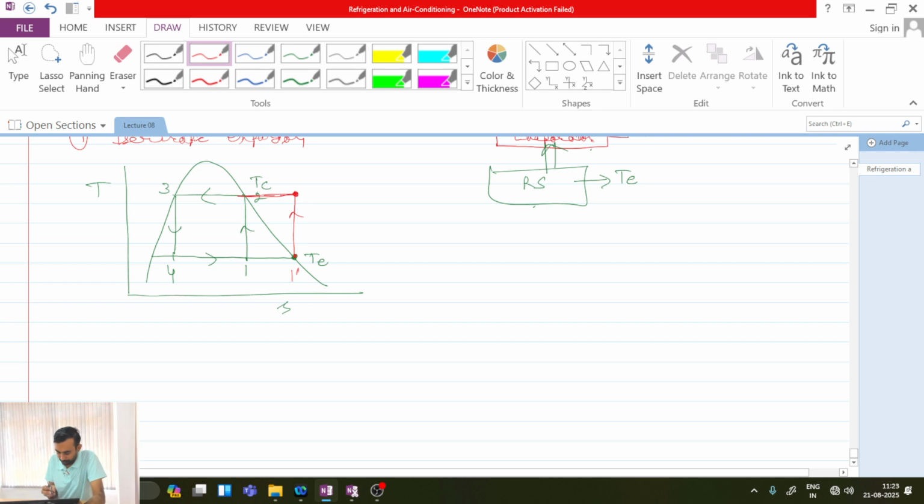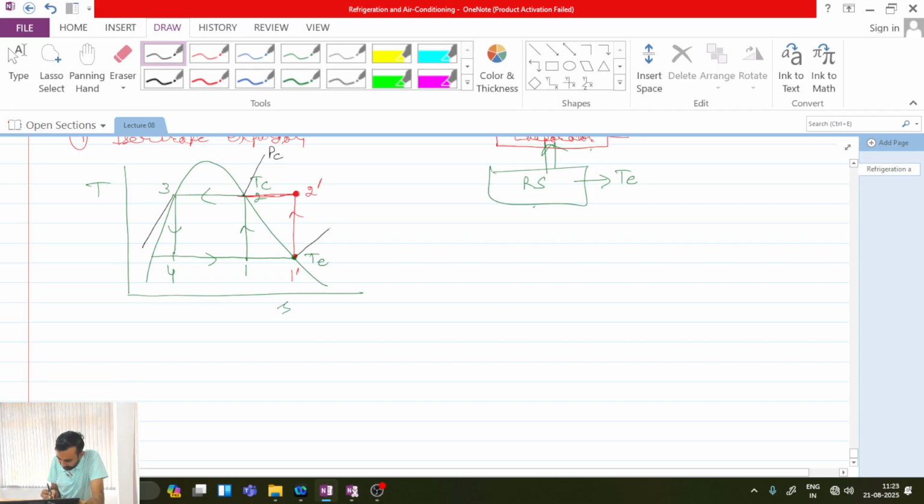So I have to stop the compression here at some point 2 dash. But you will also come to know, if I have to draw a constant pressure line on the TS diagram, how does it look? Like this. This is one constant pressure line, say, representing condenser pressure.